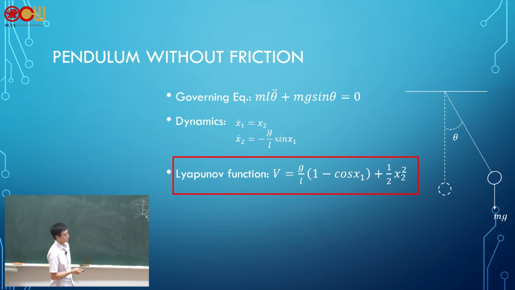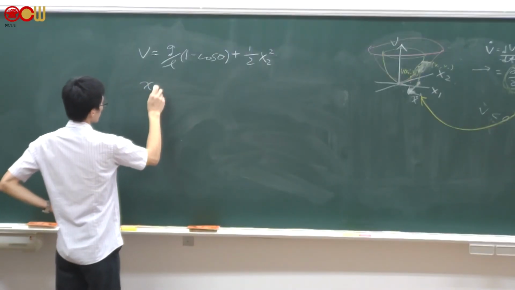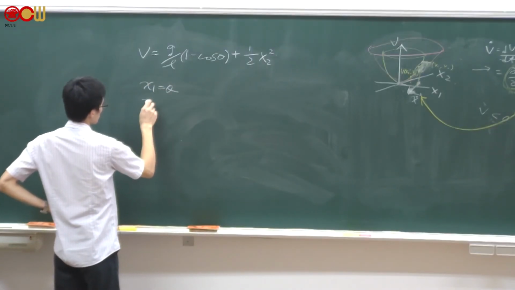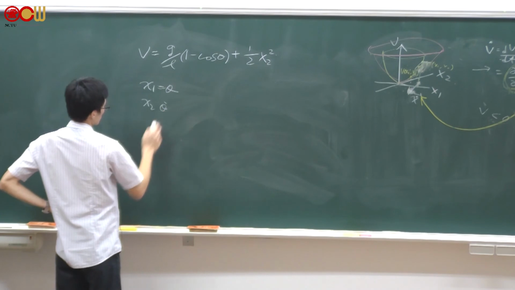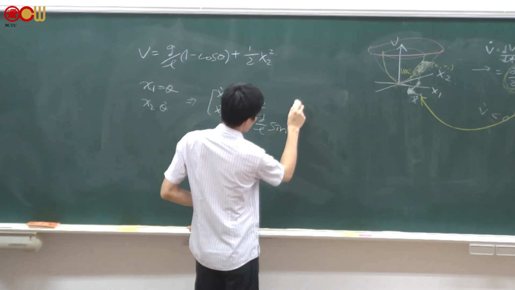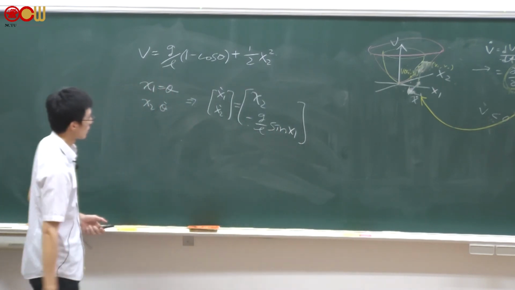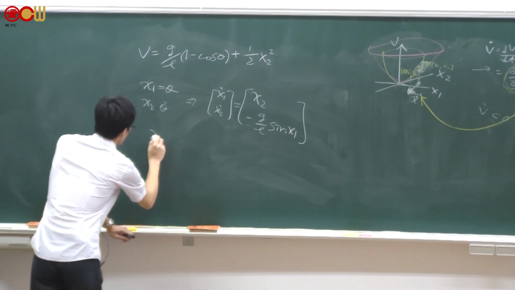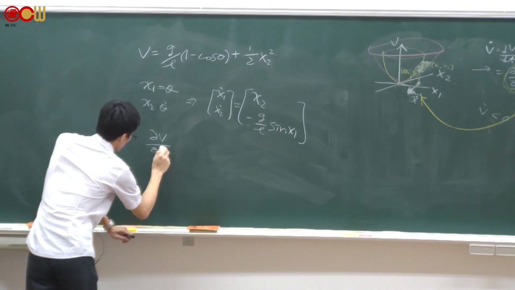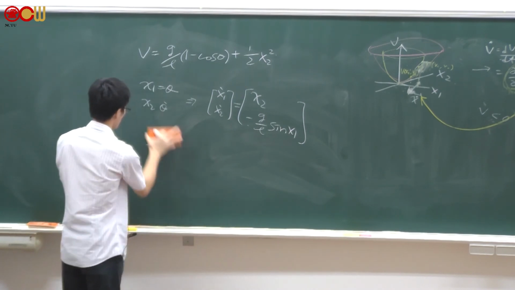So it's not a good choice for a Lyapunov function, but here it's just for example. Here x1 is theta, x2 is theta dot. Now you take the time derivative of V.